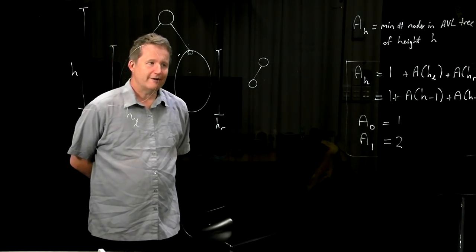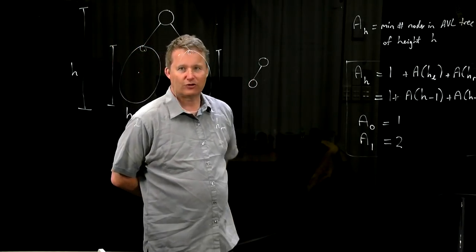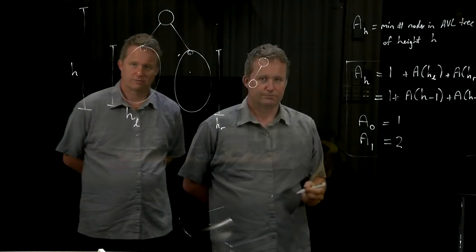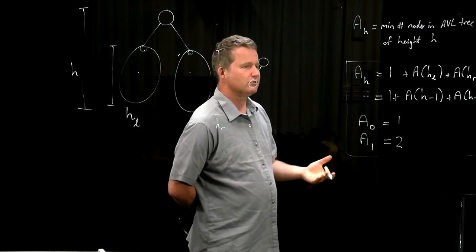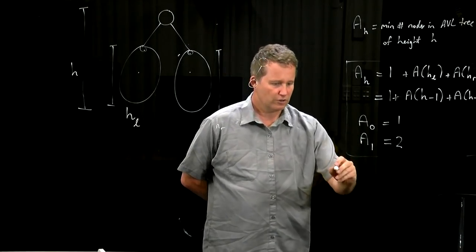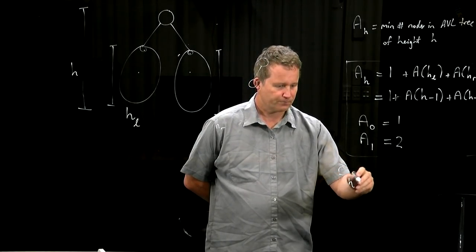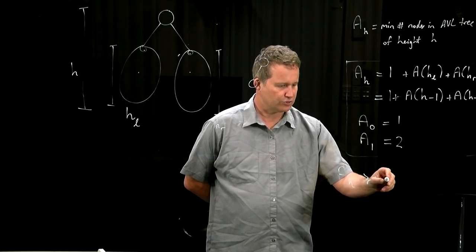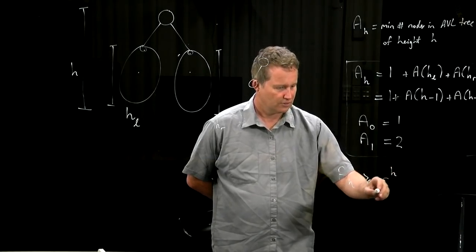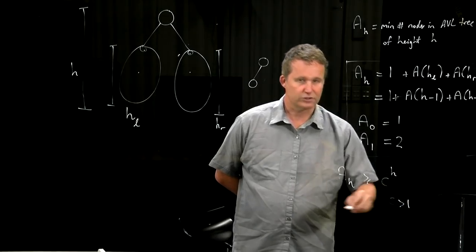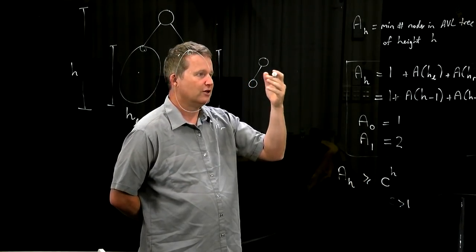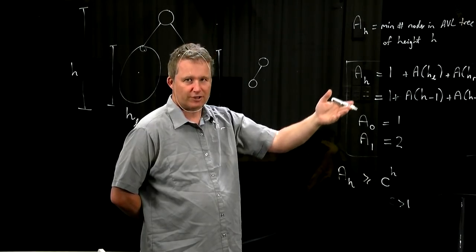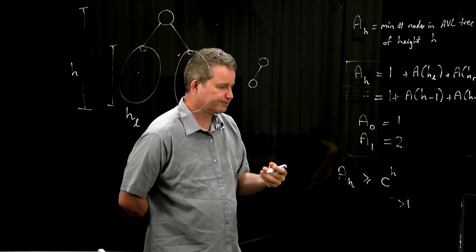Now you look at that, you'll see immediately that it looks very similar to the Fibonacci recurrence. And by very similar techniques to those that you use for the Fibonacci recurrence, you can show that A_h is greater than or equal to some c to the h, where c is bigger than 1. In other words, it grows exponentially. In fact, c is more or less the same value that you get when you do the Fibonacci recurrence, namely the golden ratio.